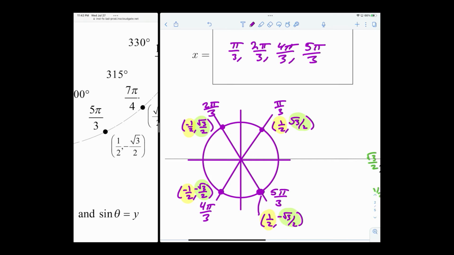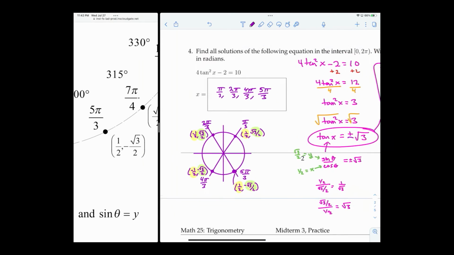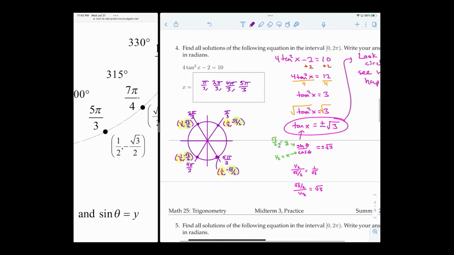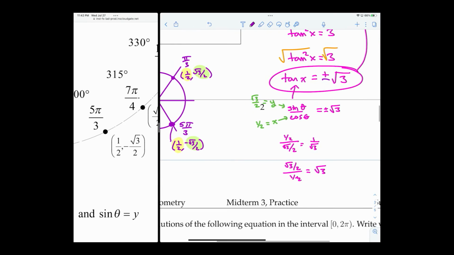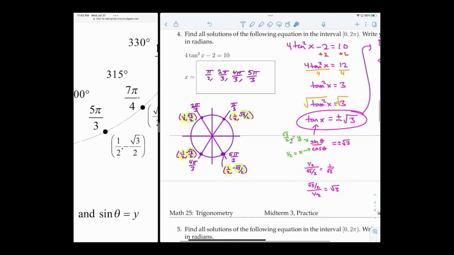So quite a few of them, 4 answers. If it was a sine or a cosine, this would have been much easier, right? Because you can just look and see the sine and the cosine on the unit circle without having to think about dividing things like we did here. Okay, so those are the solutions.